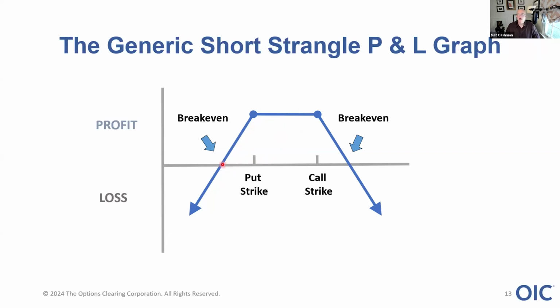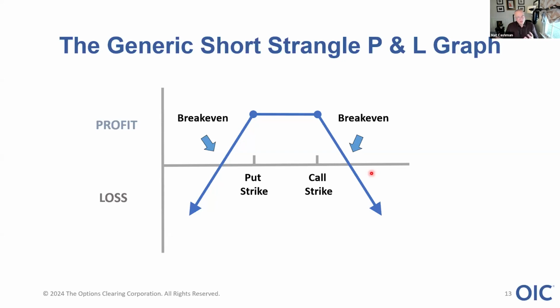They're going to be 20 to the downside and 80 to the upside. $5, the put strike minus $5, and the call strike plus $5. What you want is this to stay within the boundaries of the break even. And in that case, you would get to keep all of the premium for which you sold that strangle.